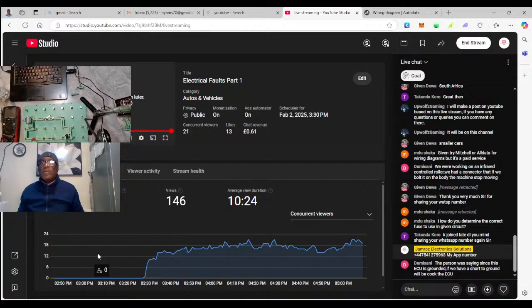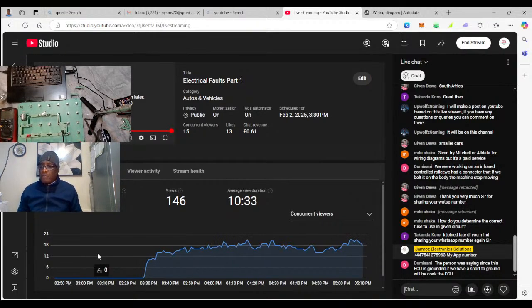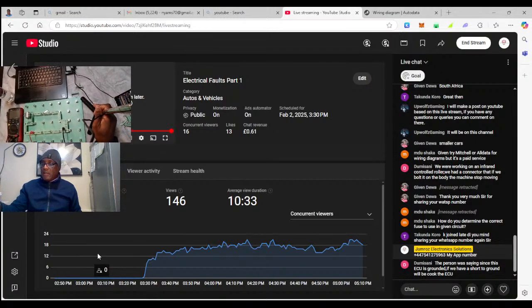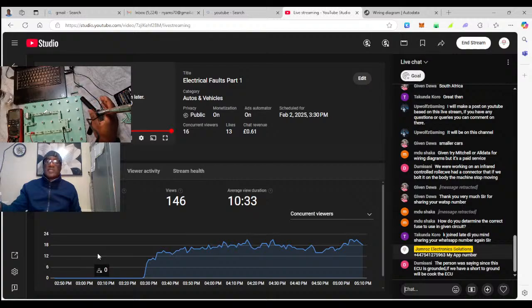Tumisani says the person was saying, since this ECU is grounded, if we have a short to ground, we will cook the ECU. What I can say is that the modern ECUs are protected, but I have seen them go. They are supposed to be protected from shorts.